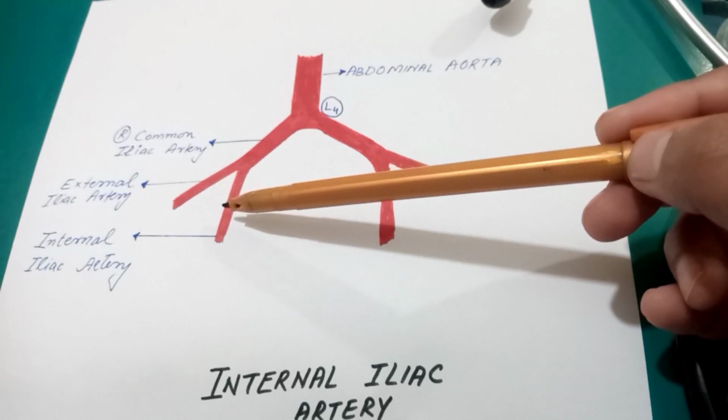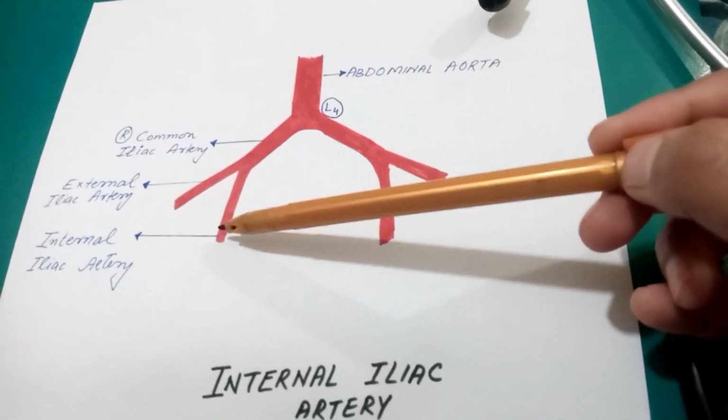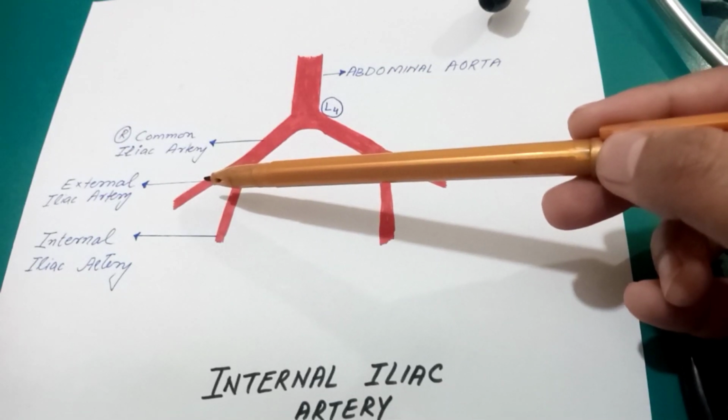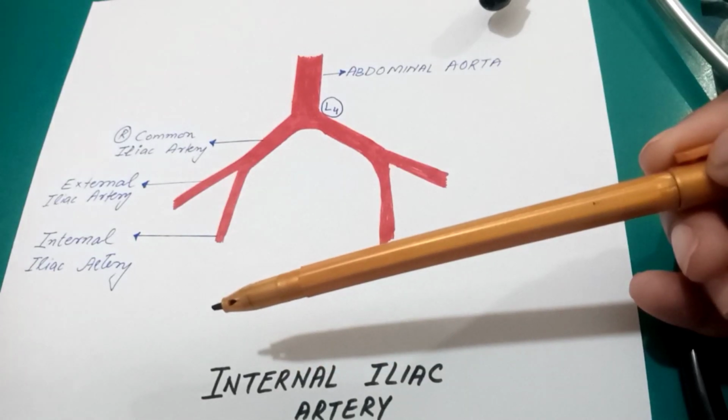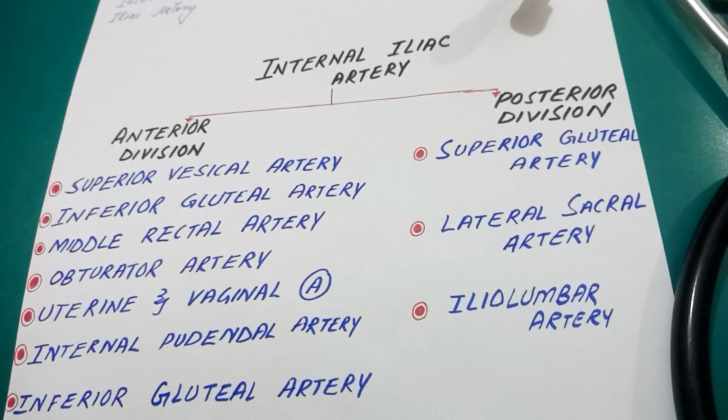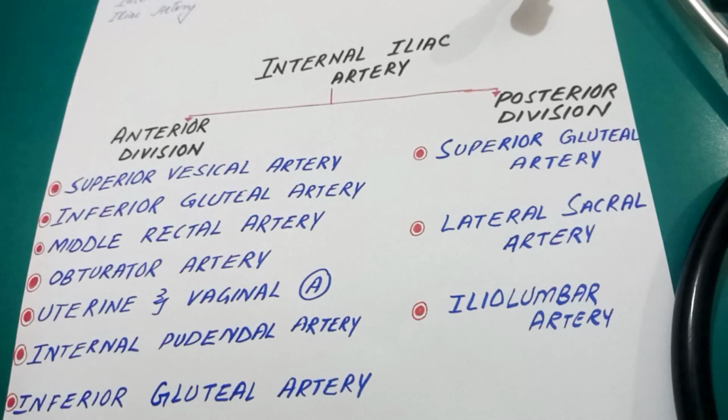Okay, and today our topic is internal iliac artery. In our next topic we will talk about the external iliac artery. If we talk about the internal iliac, it is further divided into anterior and posterior division. I told you that at the bifurcation of the abdominal aorta, there arise right and left common iliac artery, and when this common iliac artery passes in front of the sacroiliac joint, it divides into external and internal iliac artery.